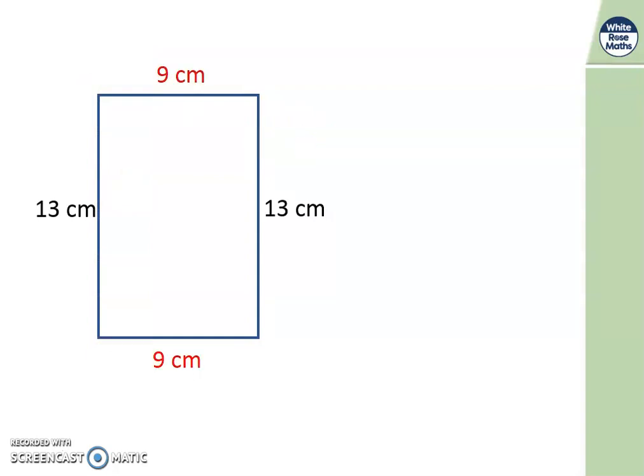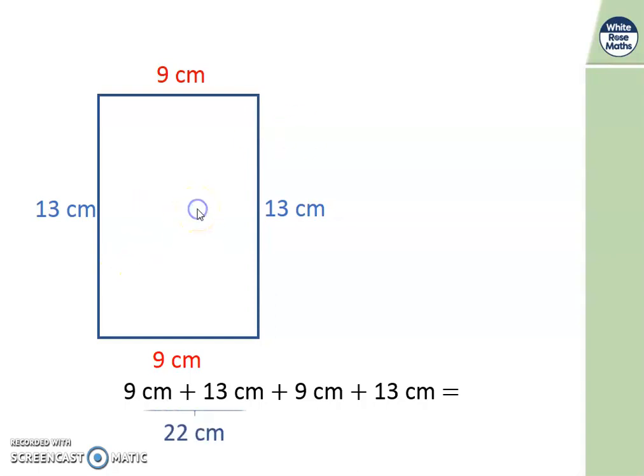Now, I've got 2 9s here and I've got 2 13s here. So I need to add them all up. I wonder which method that we've practiced that you're going to use to work it out. If I did it this way, I'd do 9 add the 13 is 22. And I can see I've got that 9 and 13 here again.